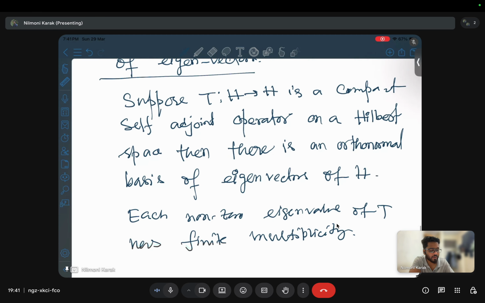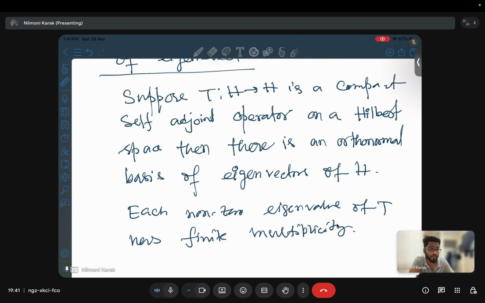So the existence comes from Zorn's lemma, and you can look at this proof. Okay.